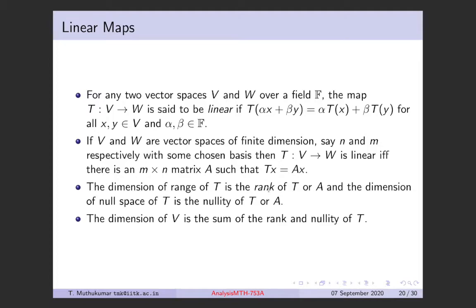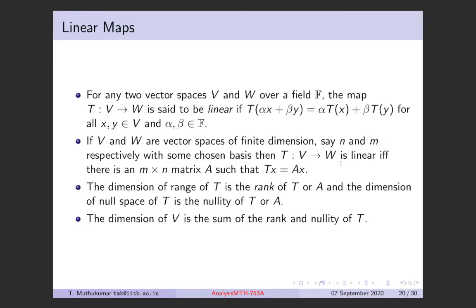So the reason for going into linear maps is to understand this. Let's look at an example. What are the linear maps on the real line? Let's take V to be R and W to be R. Both are vector spaces of dimension 1, that is m and n are 1.